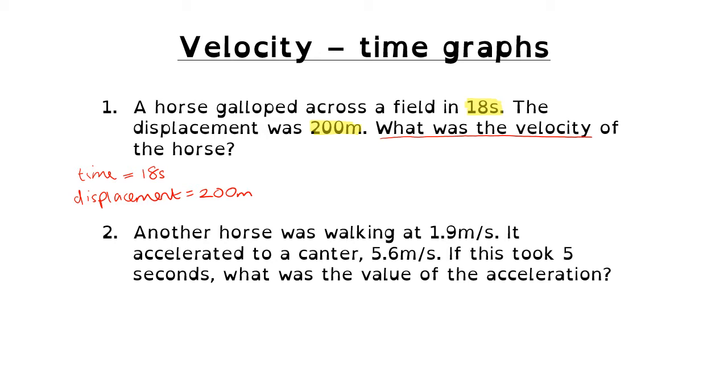Now they're asking for velocity, so we need an equation that is velocity equals, and they've given us displacement and time. So what equations do we know that link velocity, time and displacement? Well, velocity is the vector for speed and displacement is the vector for distance. Speed is equal to distance divided by time.